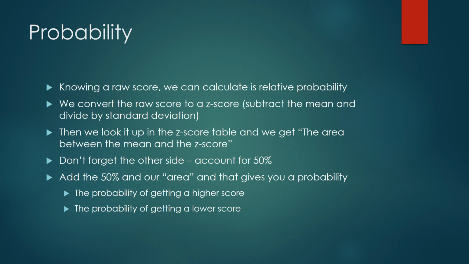Okay, so that doesn't tell me really much by itself, but if I add the 50% that's on the other side of the mean, then it tells me that at that particular point, 84% of my values are either higher or lower, and 16% of my values are on the other side. Okay? That gives me a relative probability of where my data points lie. So what we can determine is the probability of getting a higher score than the one I selected, and the probability of getting a lower score than the one I selected.